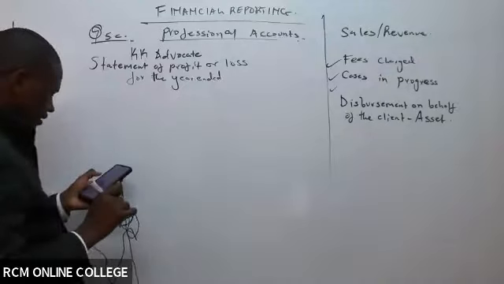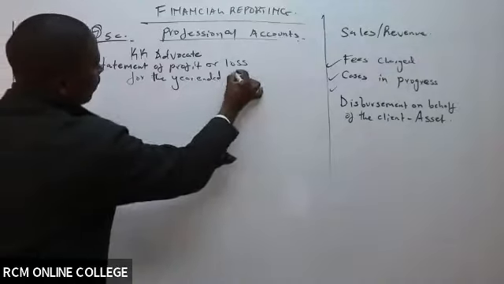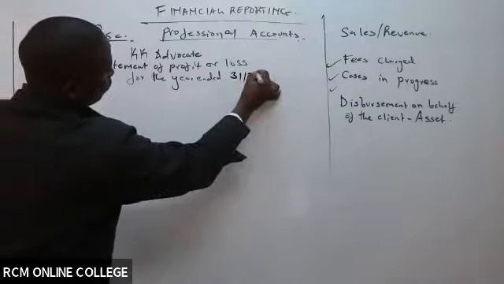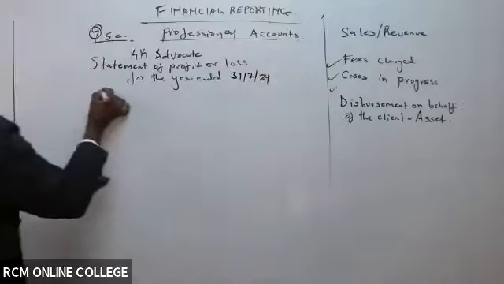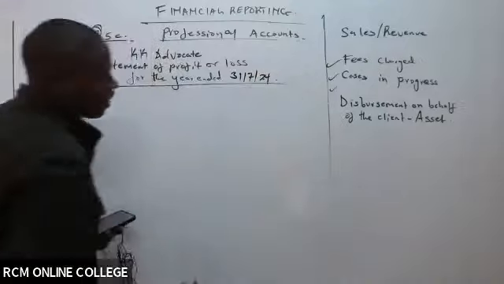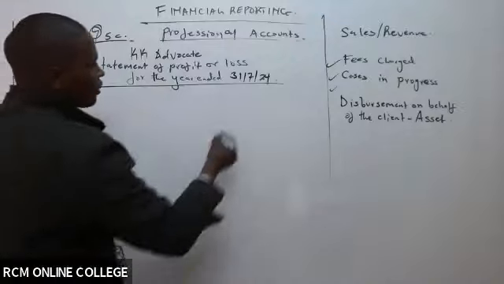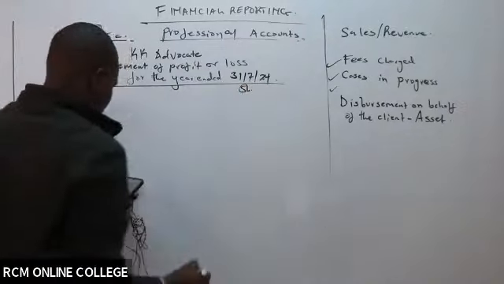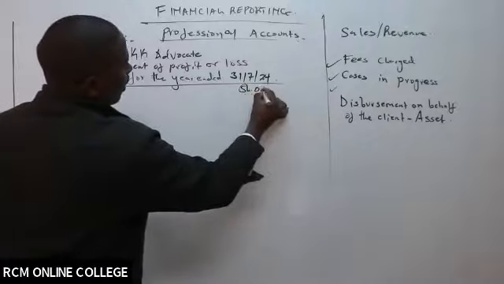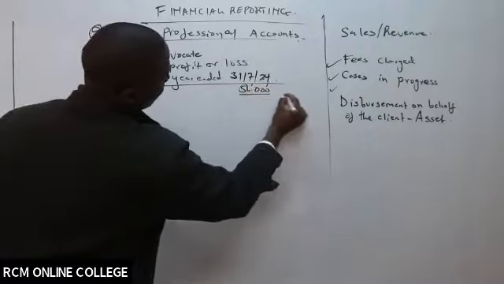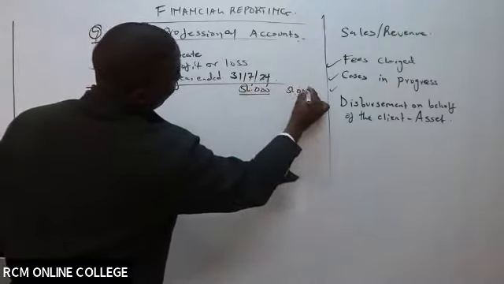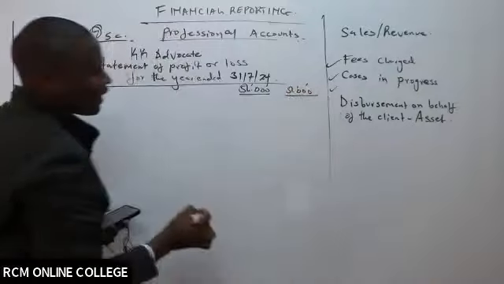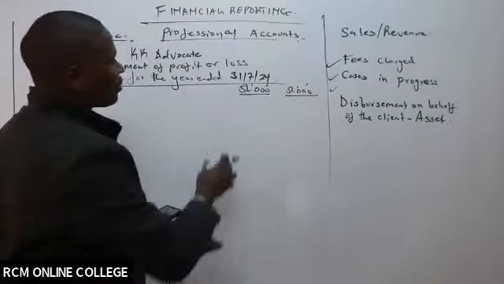For the year ended, this was 31st July 2024. And always scare the examiner by putting a line like that. Then our figures are in thousands. Some of the things that we have found students forget is to truncate the figures.